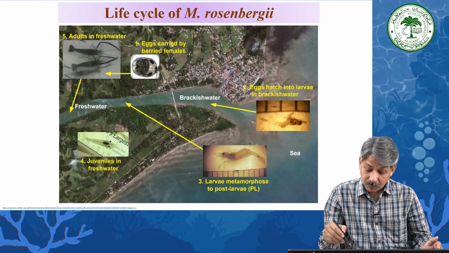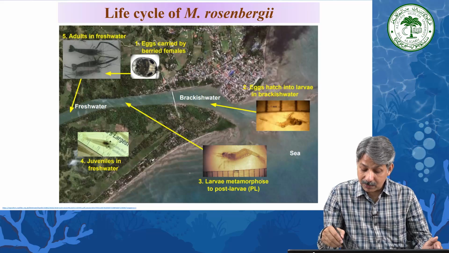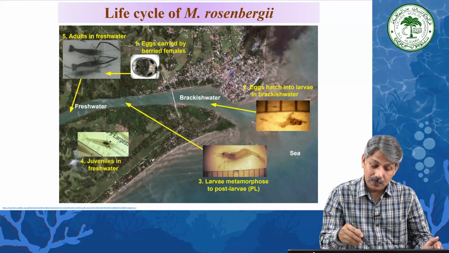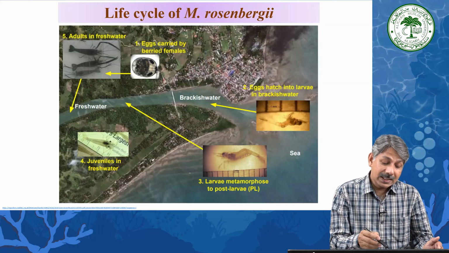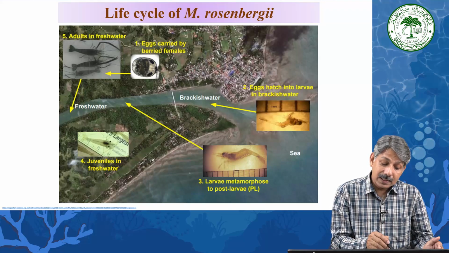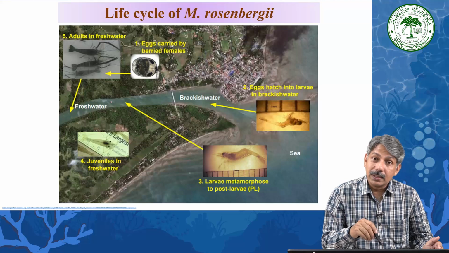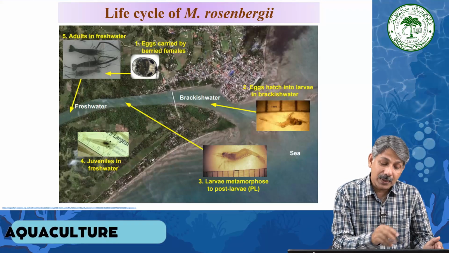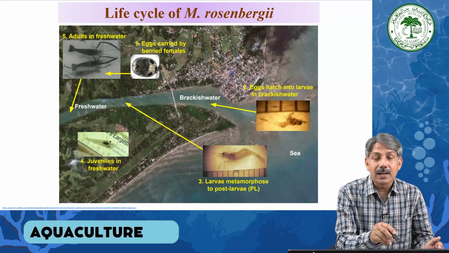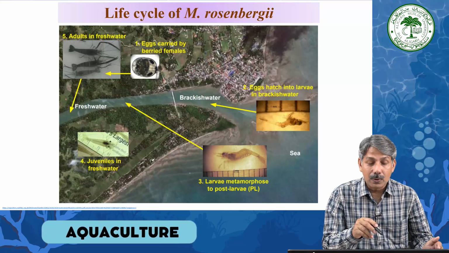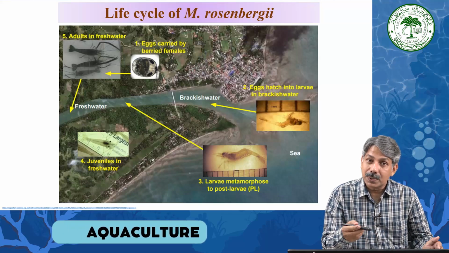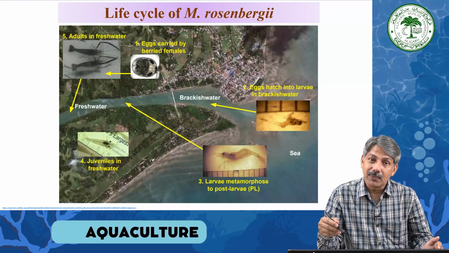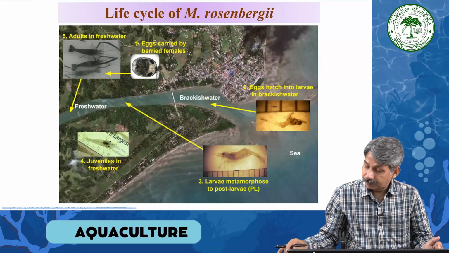Third point, larvae metamorphose into post larvae. These post larvae then develop into juveniles and are distributed in fresh waters, and they will be there until adults. When again they have to breed, they move to brackish water areas, because larval development will occur in brackish waters.